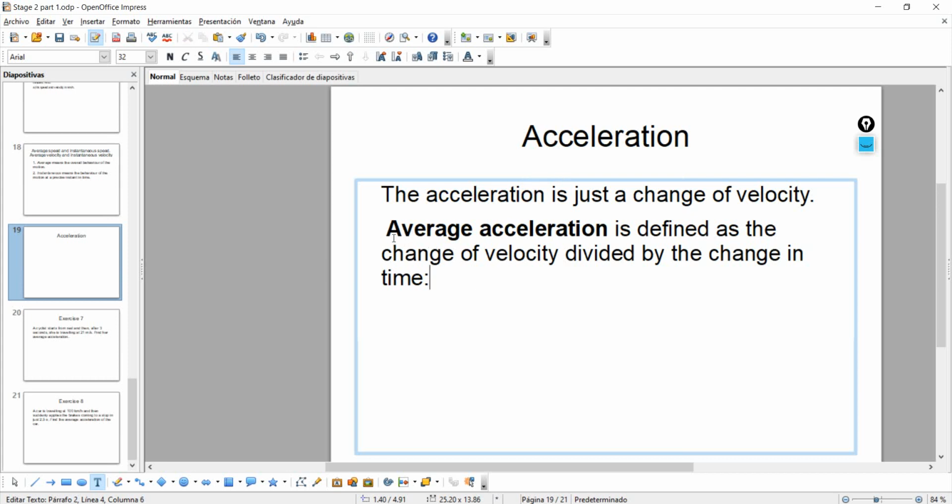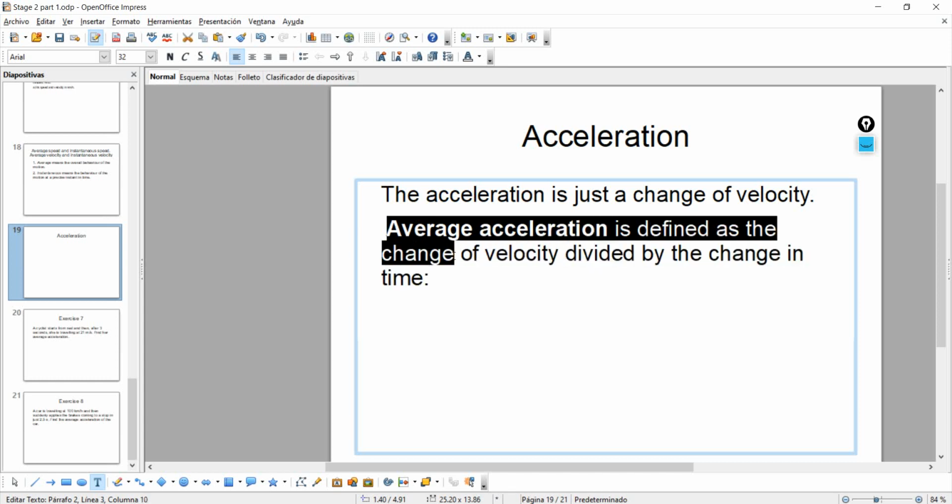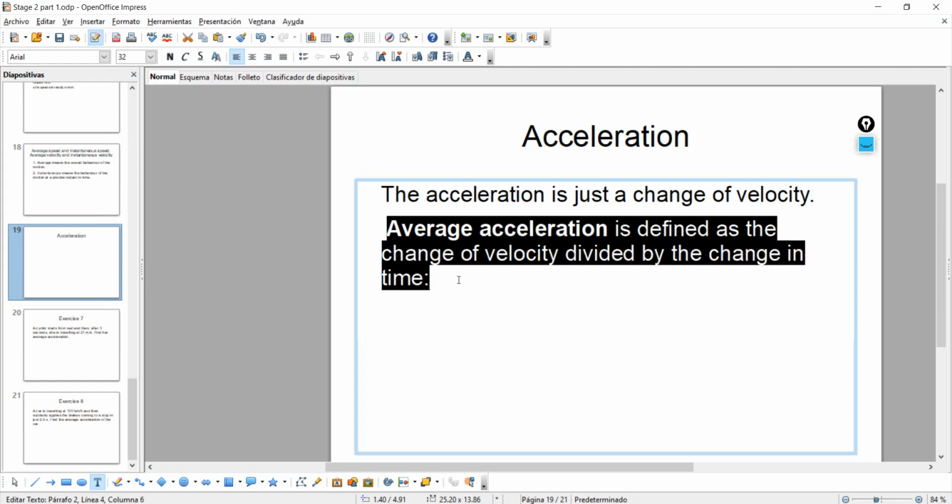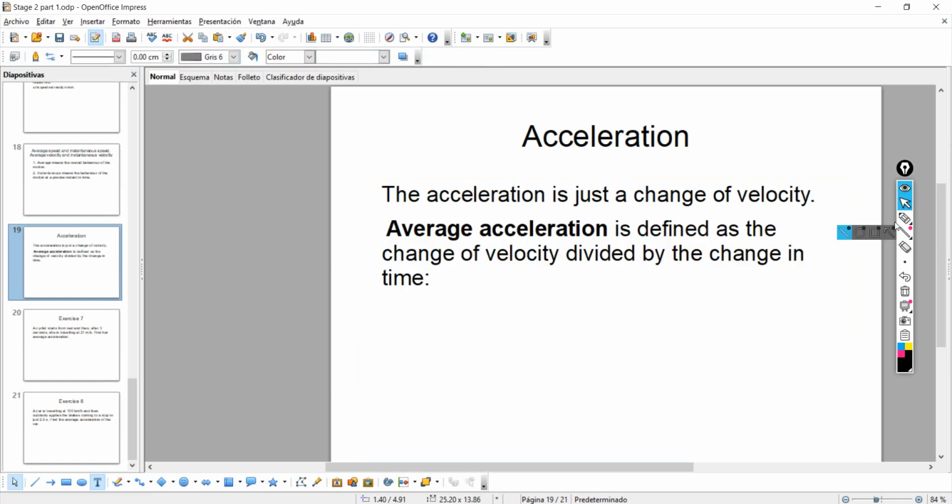Now, what is the precise definition? Well, the average acceleration is defined as the change of velocity of the particle divided by the change in time. And let me tell you what that means in a formula. We usually write the following, guys.